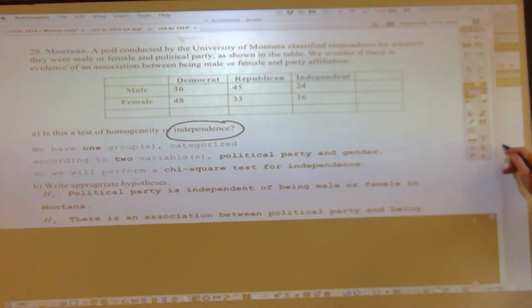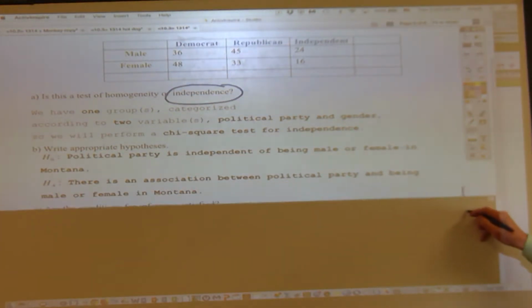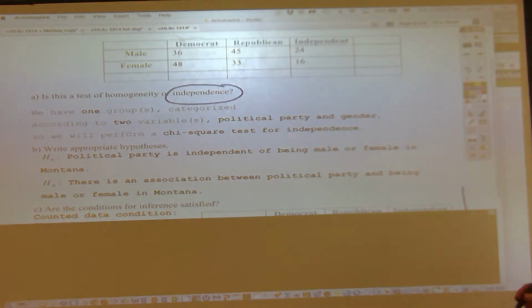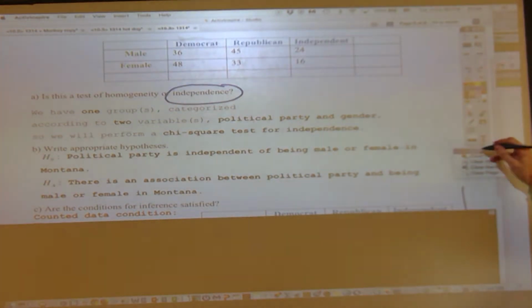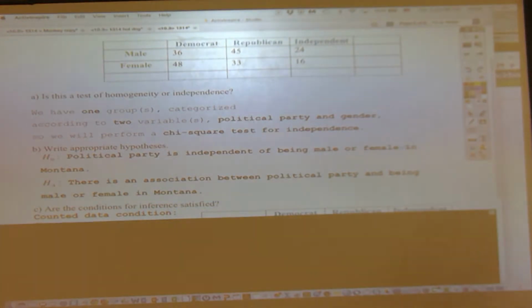The hypotheses, no new material here, this is just review. Null hypothesis is that political party is independent of gender, and the alternate hypothesis is that there's some sort of association. It's like women are more likely to be one of these or not one of those.